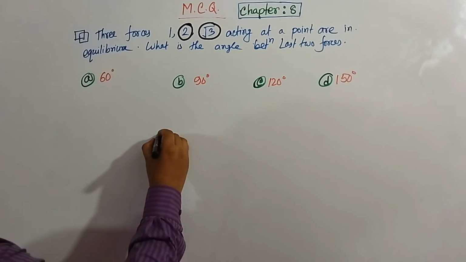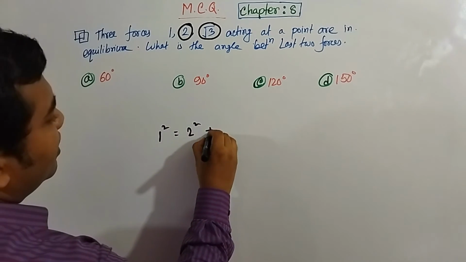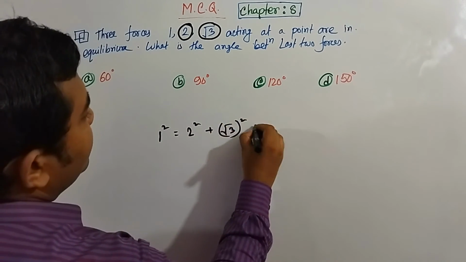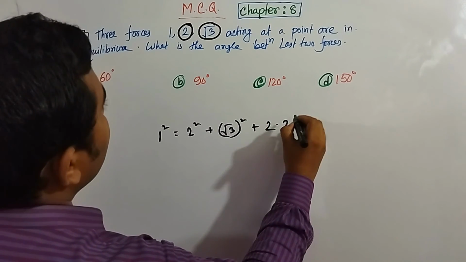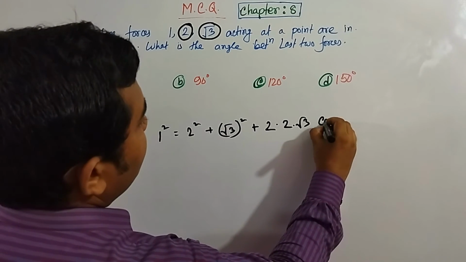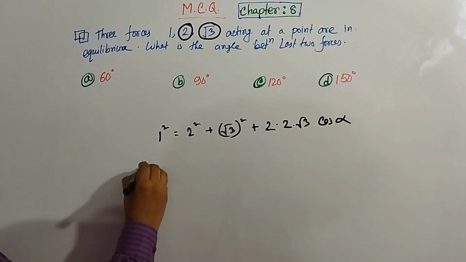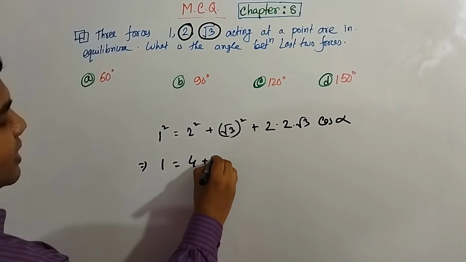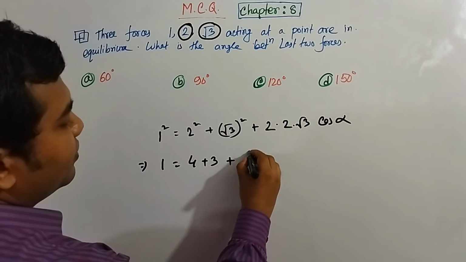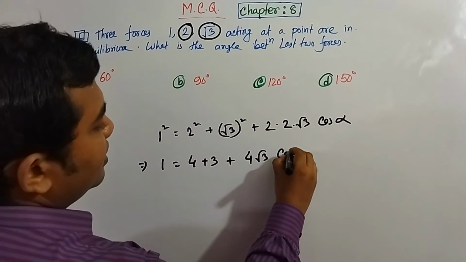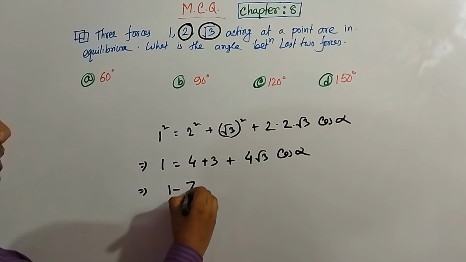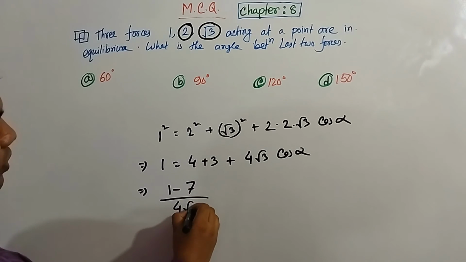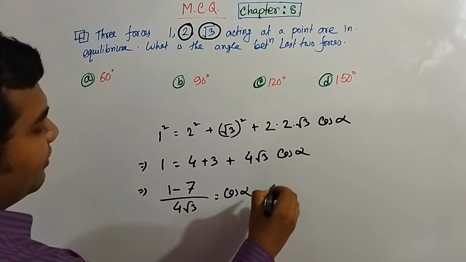So it should be 1 square equals 2 square plus root 3 whole square plus 2 into 2 into root 3 into cos alpha. So here it is 1 equals 4 plus 3 plus 4 root 3 cos alpha. Then we get 1 minus 7 over 4 root 3 equals cos alpha.